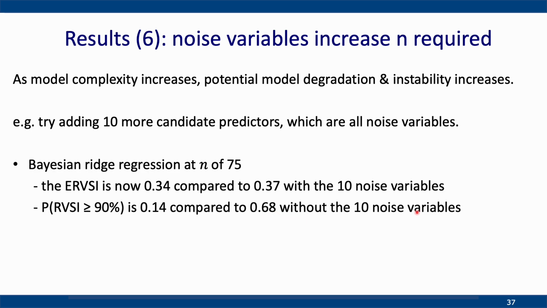So it just shows the impact of noise variables really harm model development and lead to more degradation. Of course, if some of those 10 had been important, that would have addressed some of the concerns, but you don't know that in advance. So you need to be very cautious. So this is what I mean about the approach helping you guide how many predictors you can be thinking about including.